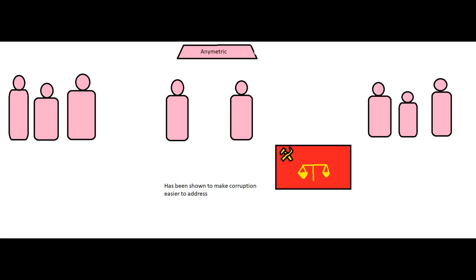So if you have two people finding each other, then the marriage will be approved by all of the uncles on both sides. This has been shown to make corruption easier to address, and the ideal political system for it has also been shown to be more like democratic socialism or orthodox Marxism.